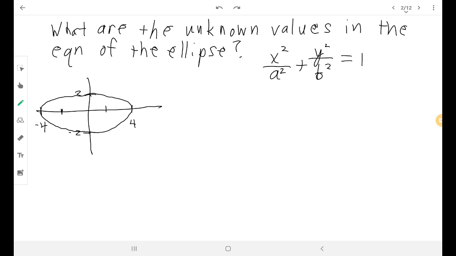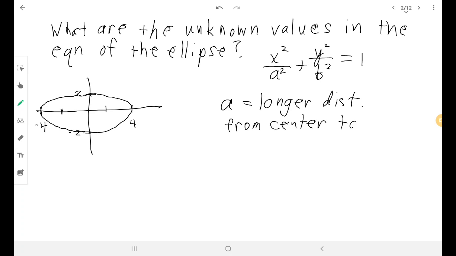So a is the longer distance from the center to a vertex.